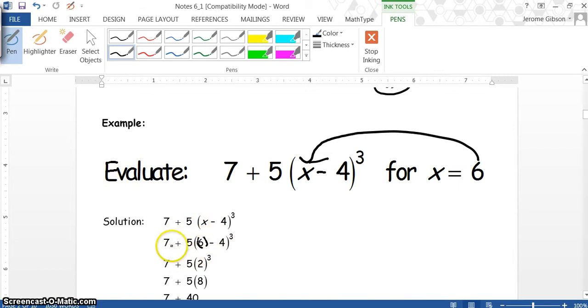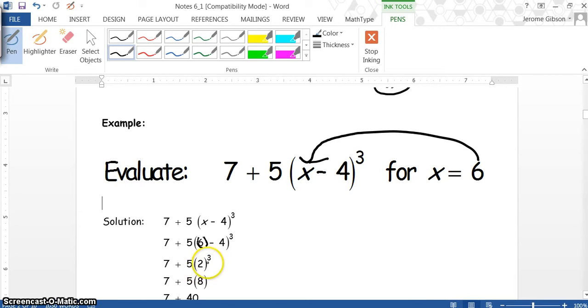So now we have this expression here, and we look inside the parentheses. This is just 6 minus 4, which gives us 2. And we bring down everything else. So we have 7 plus 5, parenthesis 2, cubed. Now we have addition, multiplication, and the exponent. Because this parentheses here is already done, we cannot do anything else with it.